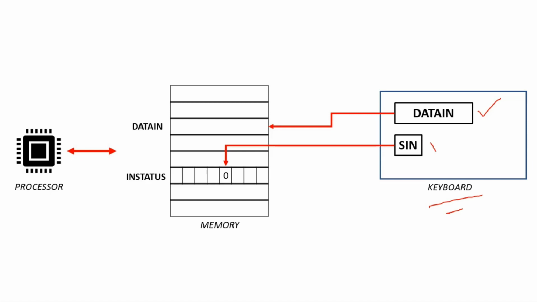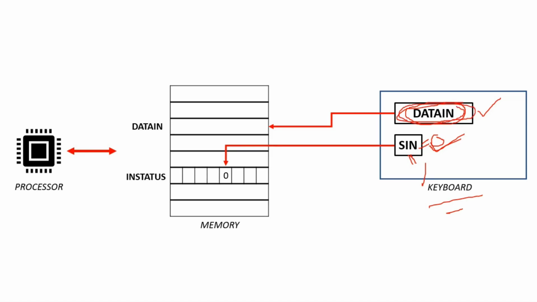Similarly, there is a flag or signal called SIN. This flag is also read by the processor to check whether the data in the data in buffer is ready. If the keyboard makes SIN 0, then the processor thinks that data is not ready. If the keyboard makes the SIN flag 1, then the processor comes to know that data is ready in the data in buffer and the processor reads it.